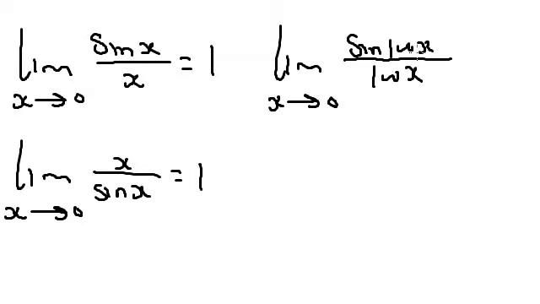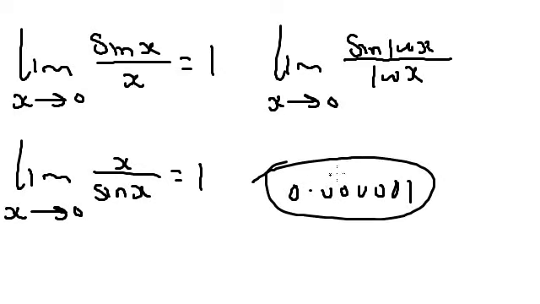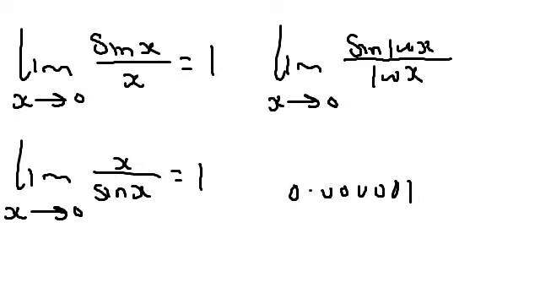Now at some point, if you are plugging in values of x, maybe 0.001, you might not be getting 1. But let's consider a very small value for x, 0.000001. If we plug in x as this, notice that at the end of the day, we will still have 1. But let's confirm that.